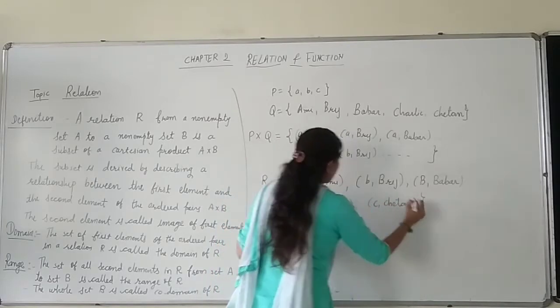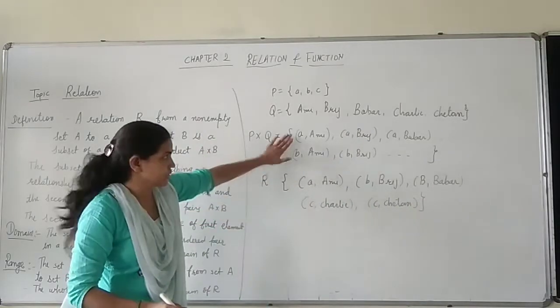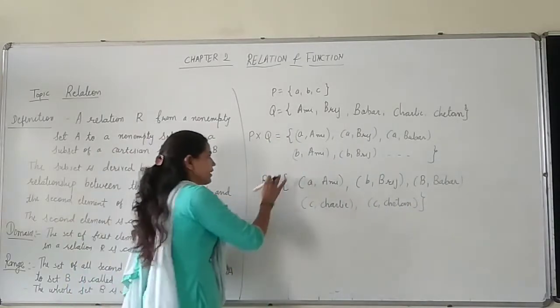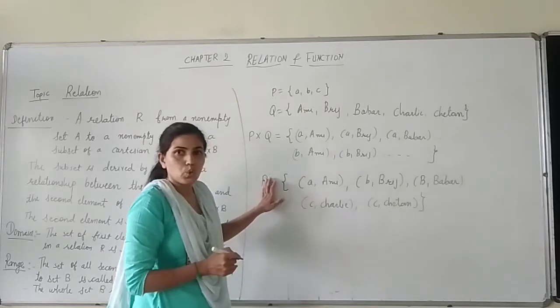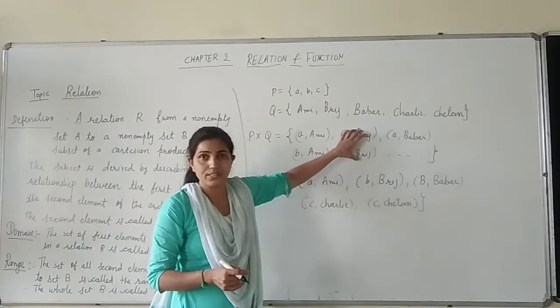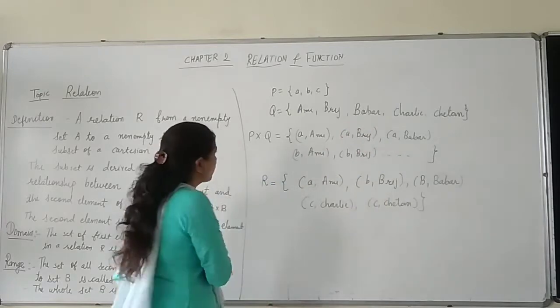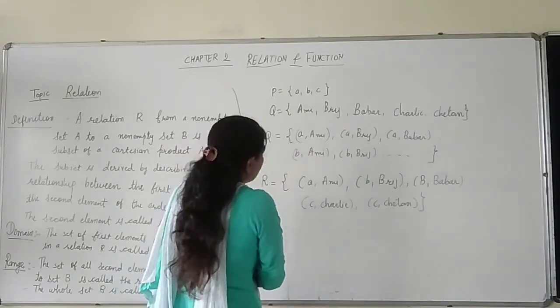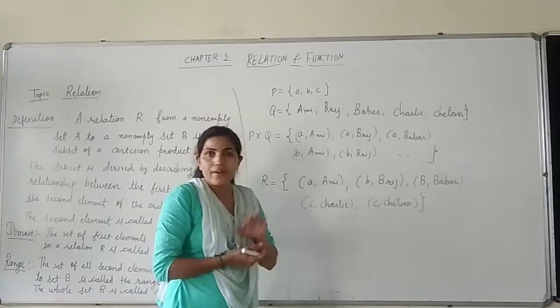I am taking a particular subset of this and calling it R. We have not taken all the ordered pairs here, only 5 ordered pairs are considered.